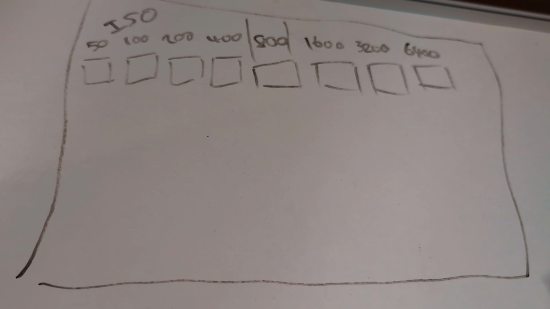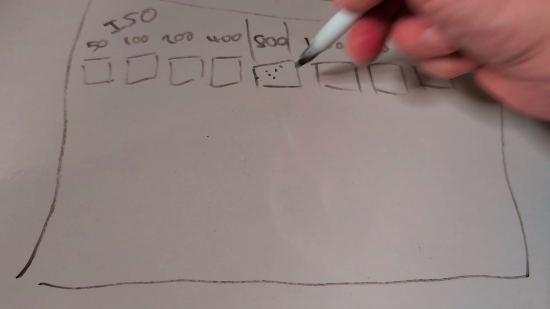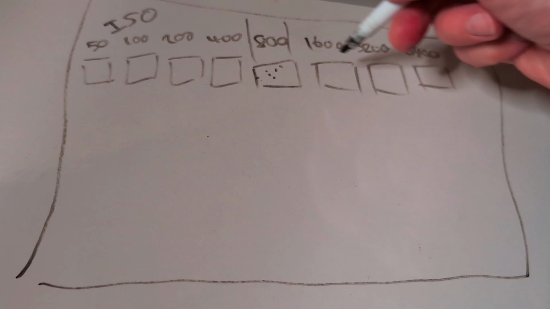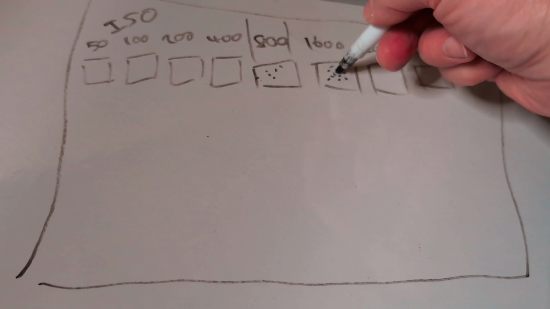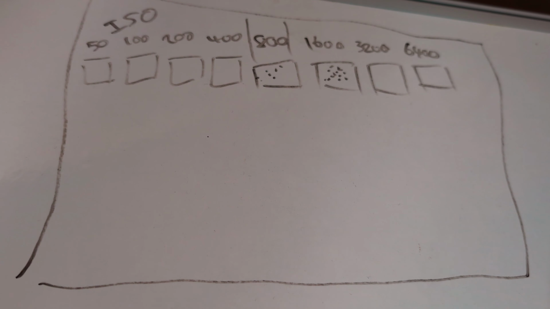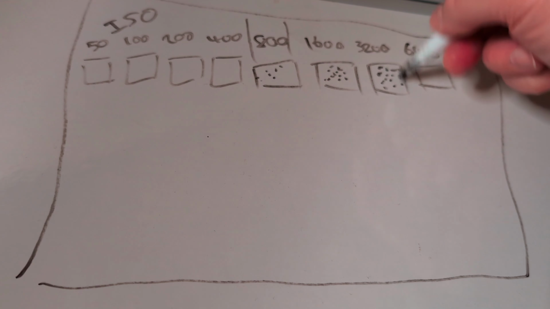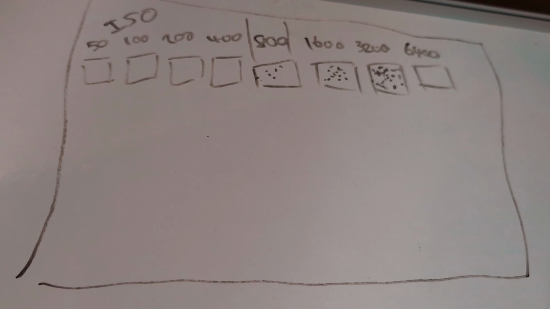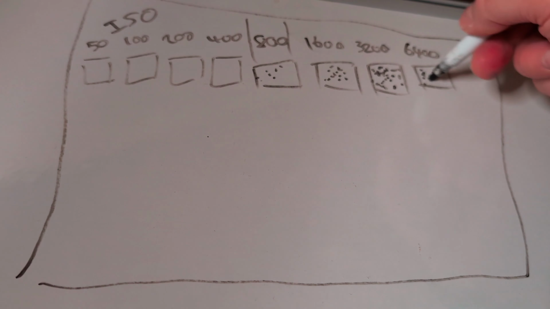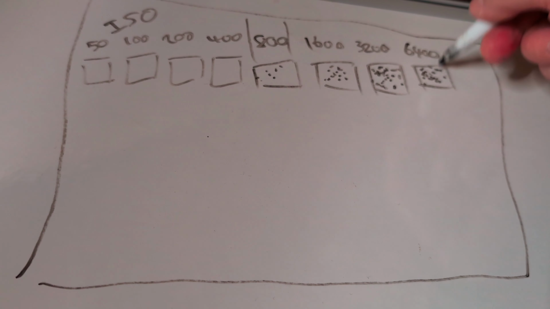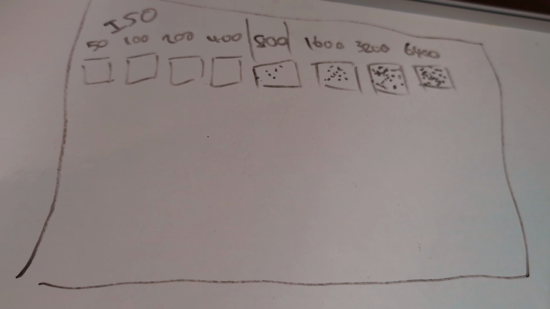So if we use a higher ISO, say this is the noise that we get on 800. If we use 1600, we're going to get a lot more noise, so the picture isn't going to look as clean and precise. If we go up to 3200, we get a lot more noise again, and then at 6400, a lot more noise yet again.